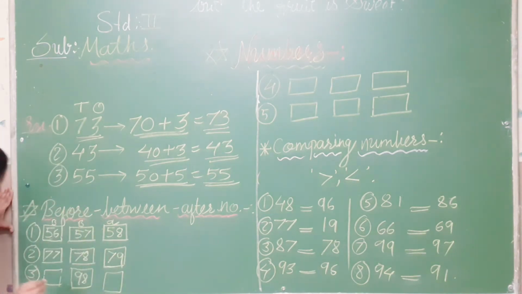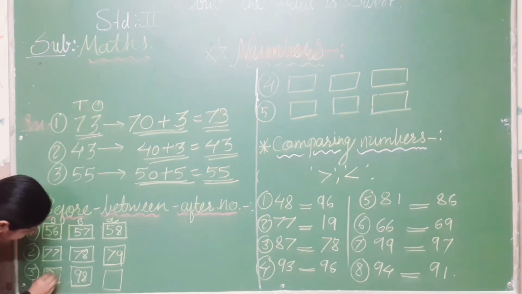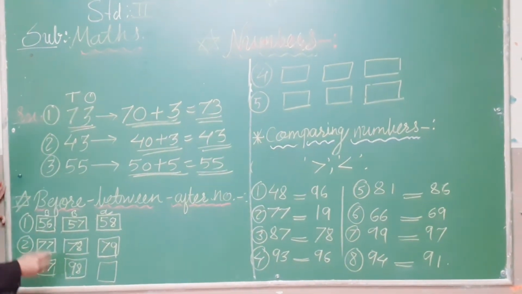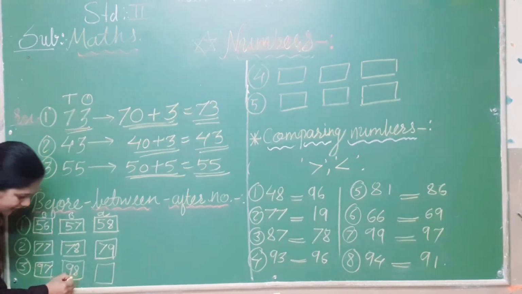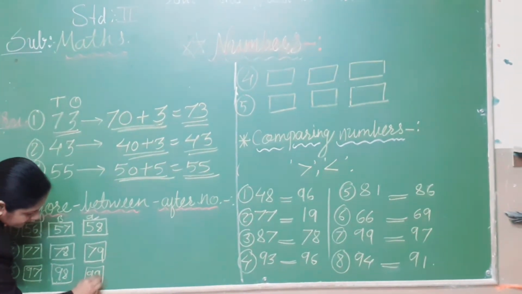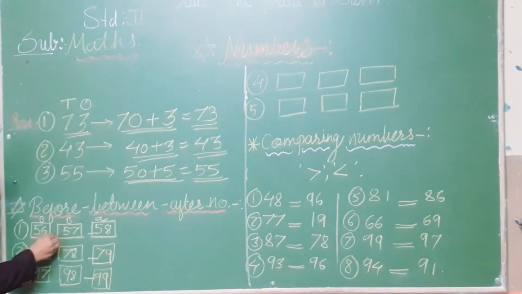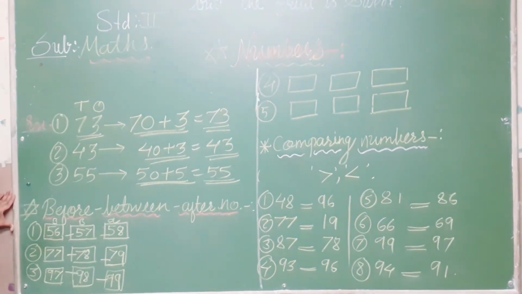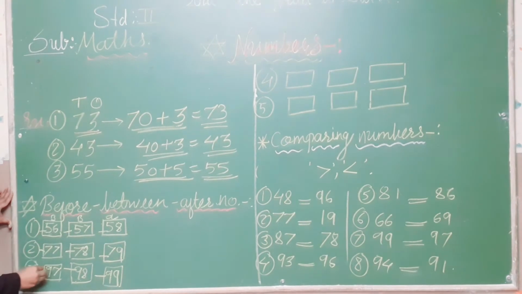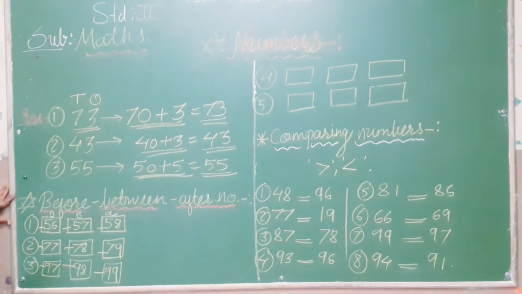Very good students. Here again I take the example of number 98. Tell me the before number. Very good. 97. 97, 98 and the 99. This is called the after number. This middle number is called the between number, and this first number is called the before number.